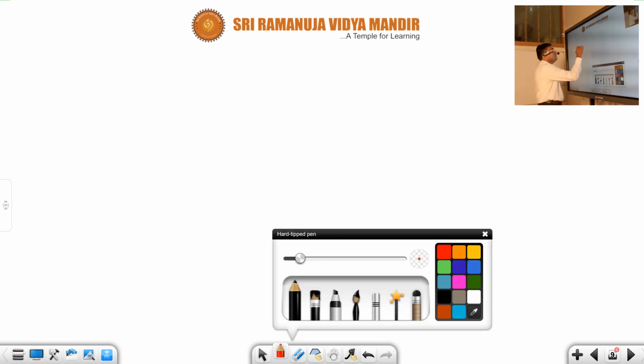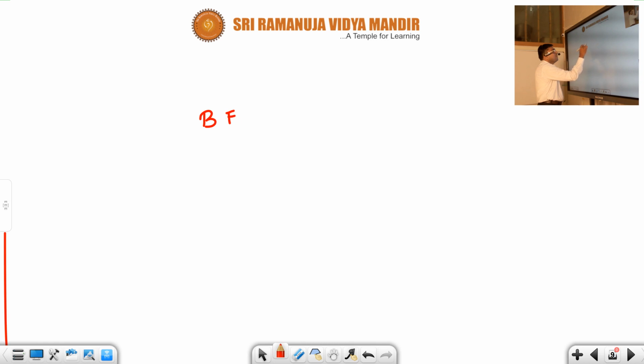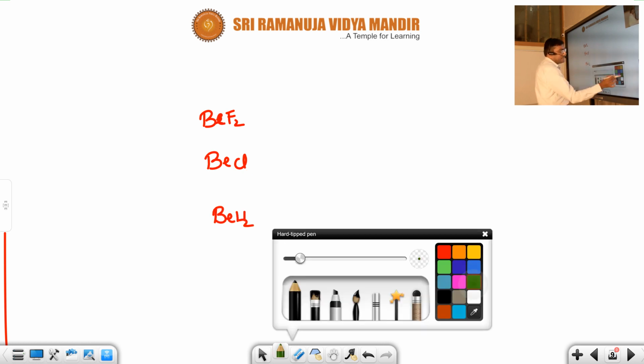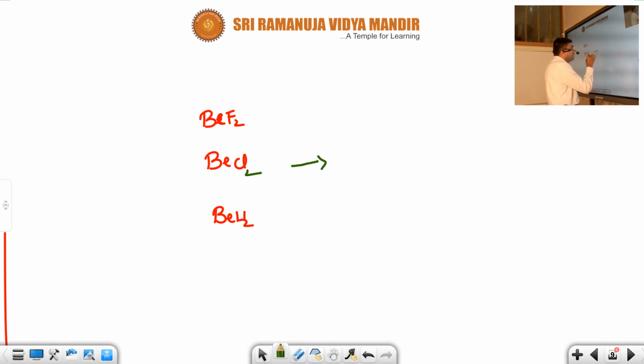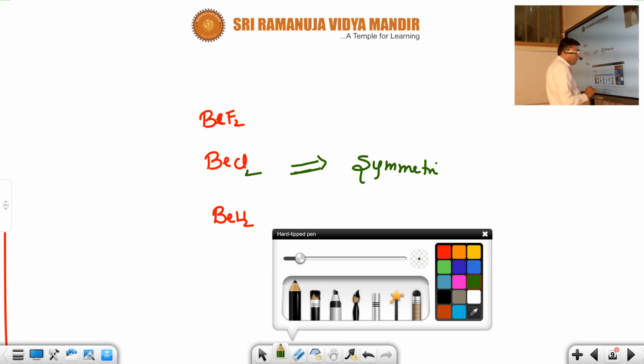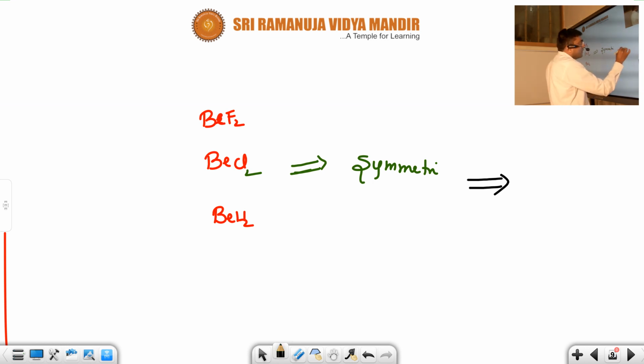Let us take here BeF2, BeCl2, BeH2. These systems are basically symmetrical. And for a symmetrical system, the overall bond moment or bond polarity is 0. Dipole moment is 0. I hope you are very clear.